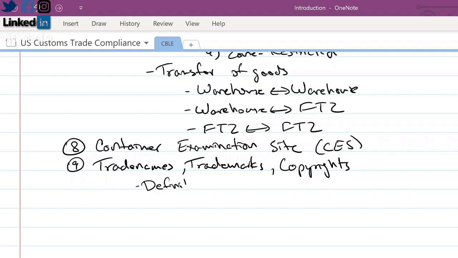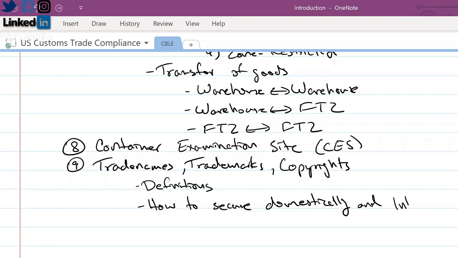We'll go through the definition of each item, how to secure, if you can, each item both domestically and internationally.